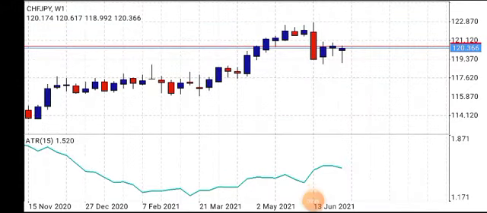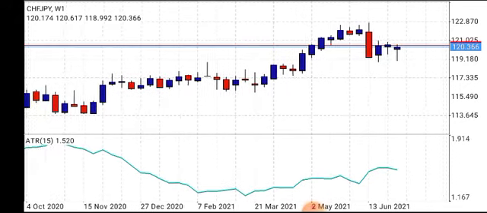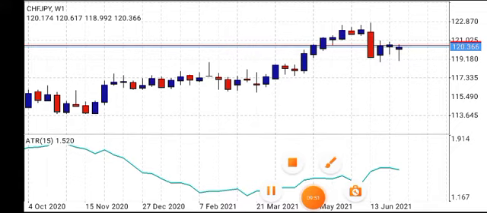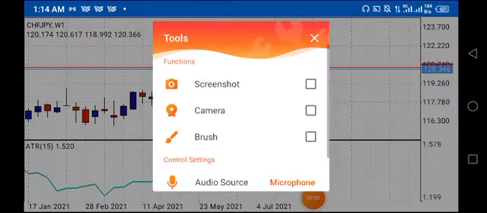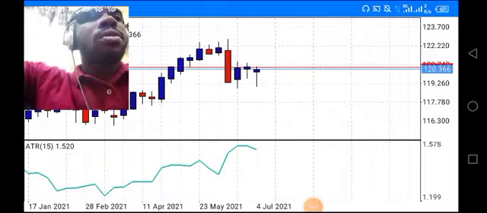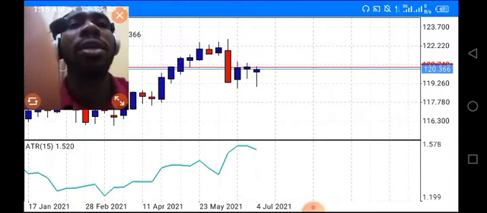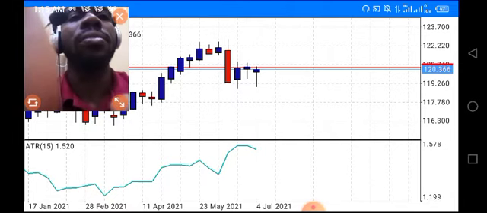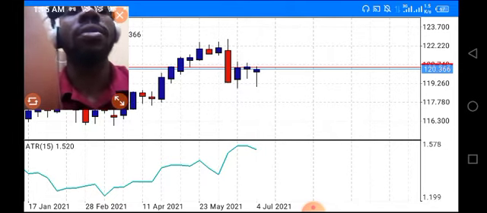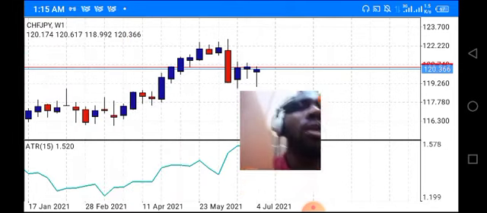So the next pair is CHF JPY. So we are looking at CHF JPY.